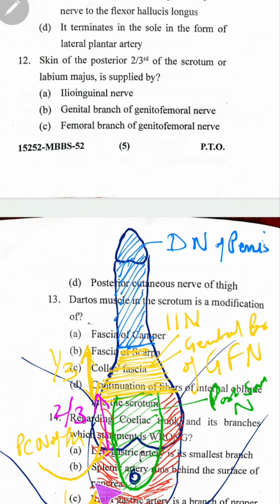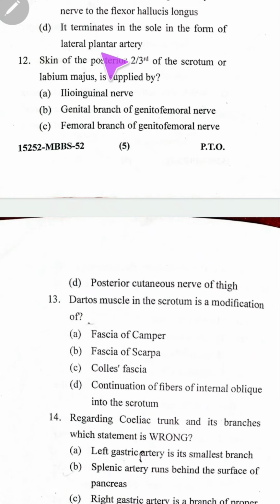So posterior cutaneous nerve of thigh not only supplies the back of thigh but also gives a branch to the lateral portion of the posterior two-thirds of the genitalia, that is labia majus or scrotum. Right. So among the choices, remember the posterior scrotal nerve has not been mentioned. Only this red color, that is the posterior cutaneous nerve of thigh, has been mentioned. So now let's see the choices.